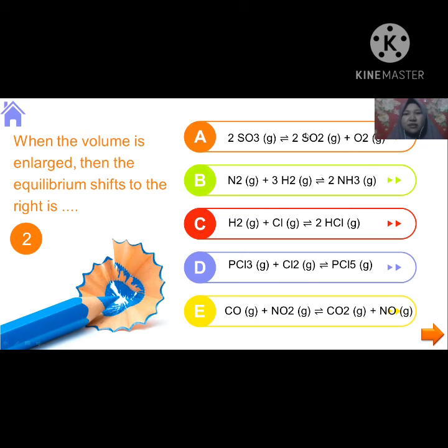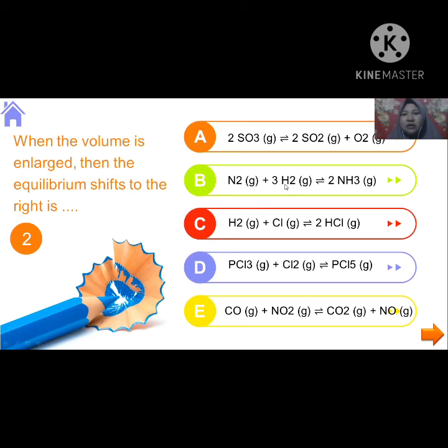From the reaction, when the volume is enlarged, the equilibrium will shift to the direction that has the larger reaction coefficient. So for A, the left side is 2 and the right side is 3.